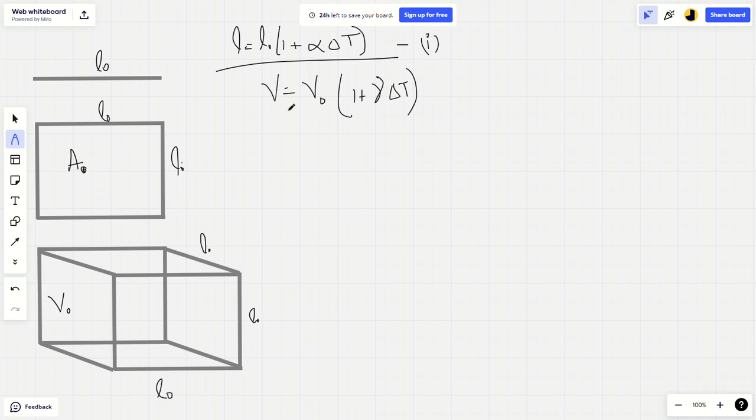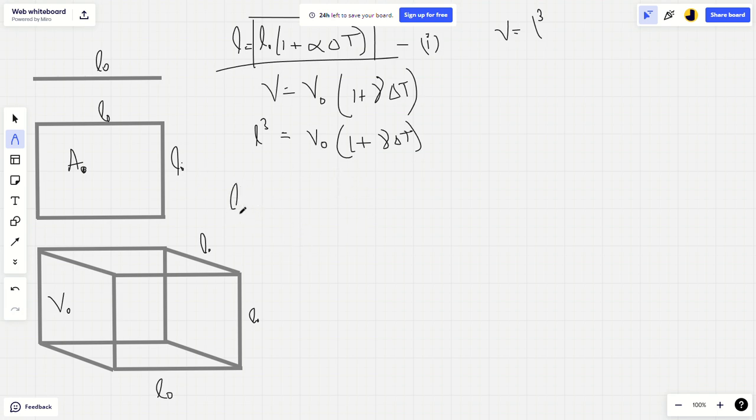Similarly, we know that volume is equal to the cube of length, so we can write that L cube is equal to V0 (1 plus gamma delta T). Now we are going to replace the value of L with this, but we are also going to replace V0 with L0 cube. So just look at what I do.